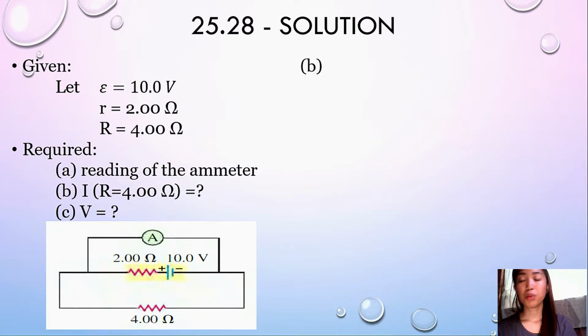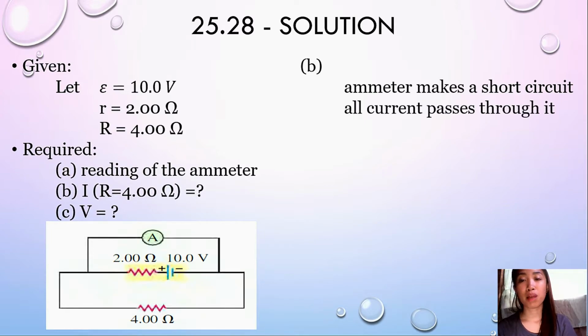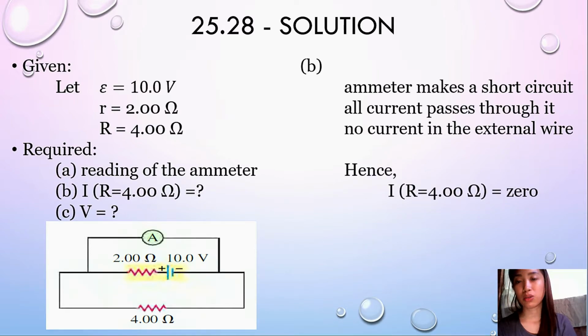As for letter B, we want to determine the current through the 4 ohm resistor. As we discussed in part A, the ammeter makes a short circuit and all the current that is produced by the battery goes through it, and no current flows into the external wire. Hence, the current through the 4 ohm resistor is 0.